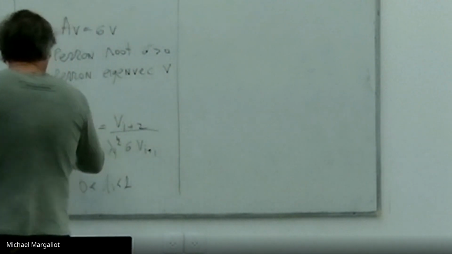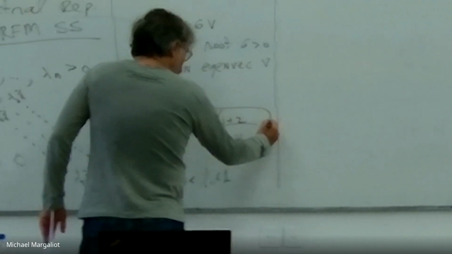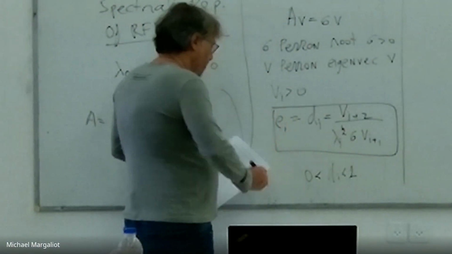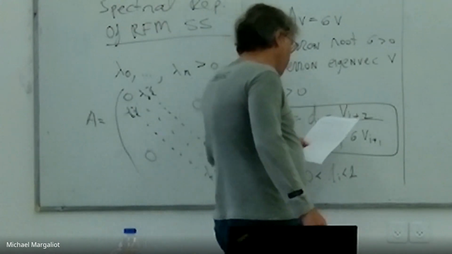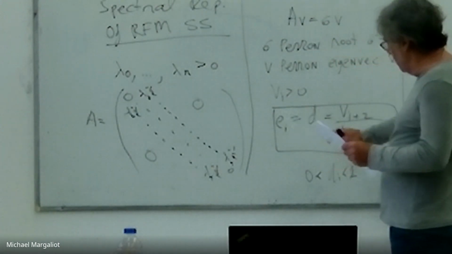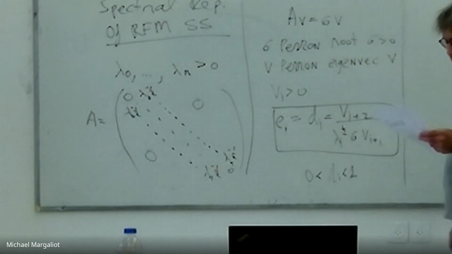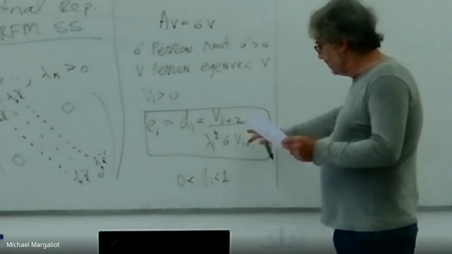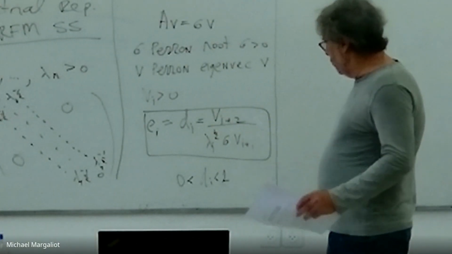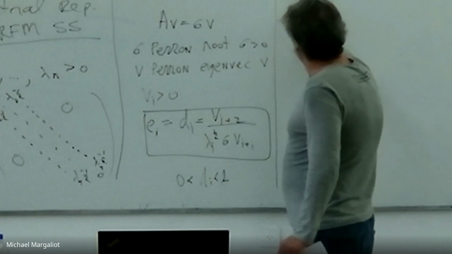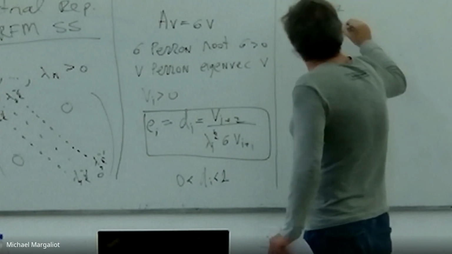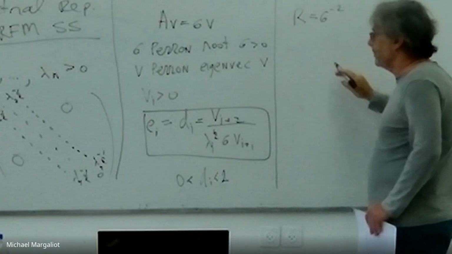So in other words, we know now that we can express the coordinates of the steady state in this form. And we also know that the steady state production rate is just sigma to the power of -2.